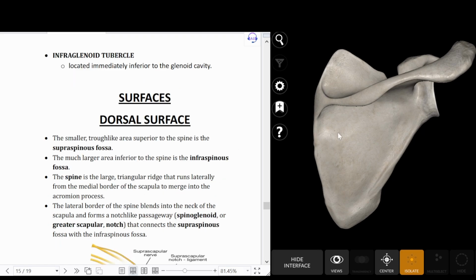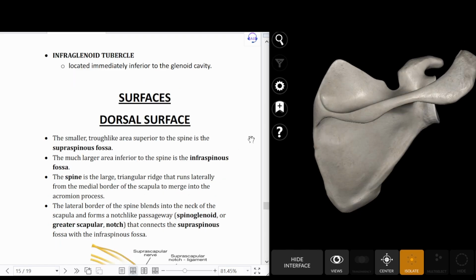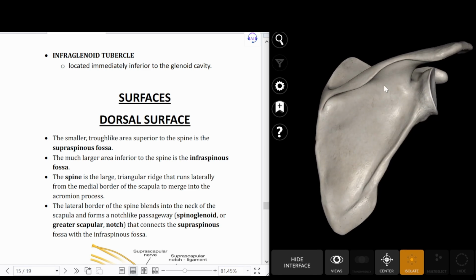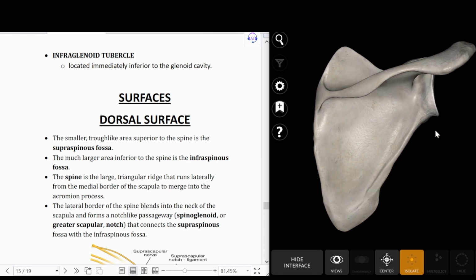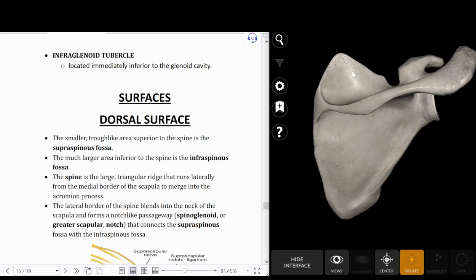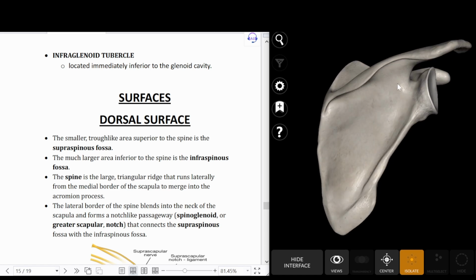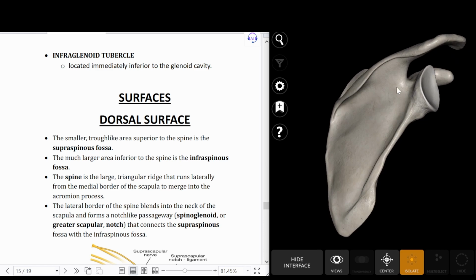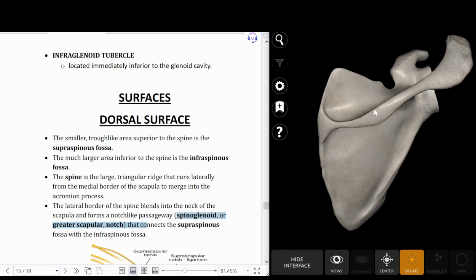Now what happens is that the lateral border of the spine blends into the neck of the scapula. So this is the lateral border of the scapula, and it is blending into the neck of the scapula, making a passageway between the supraspinous fossa and infraspinous fossa. This notch-like passageway is known as the spinoglenoid or greater scapular notch, and it's connecting your two fossae.